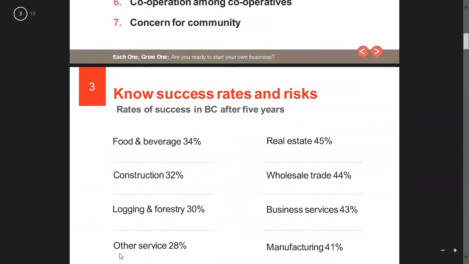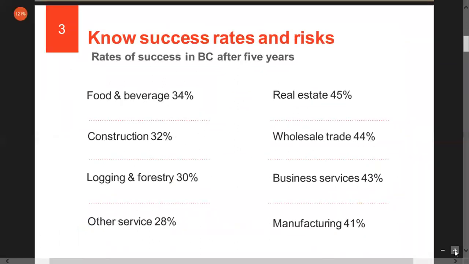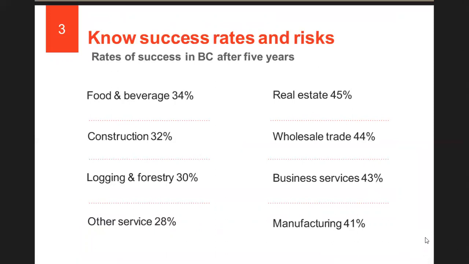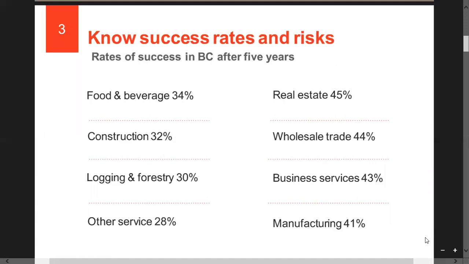Okay, slide number three, success rate. So we can see the rate of success in BC after 5 years: food and beverage 34%, construction 32%, forestry 30%, other services 28%, real estate 45%, wholesale trade 44%, business services 43%, and manufacturing 41%.